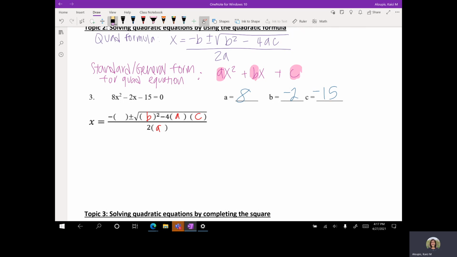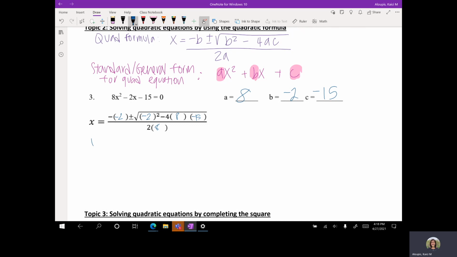Well, b is negative 2, so I'm going to put here again, negative 2. A is 8. So I'm just plugging in everything that I know. C is negative 15. And A again down here is 8.